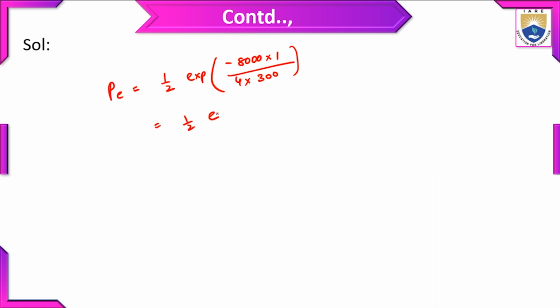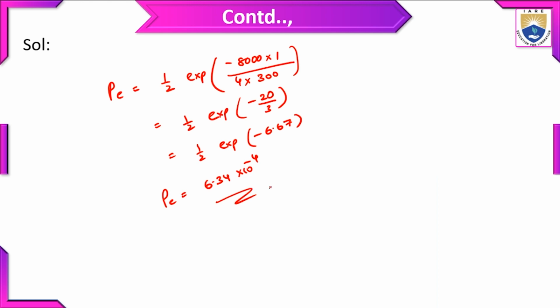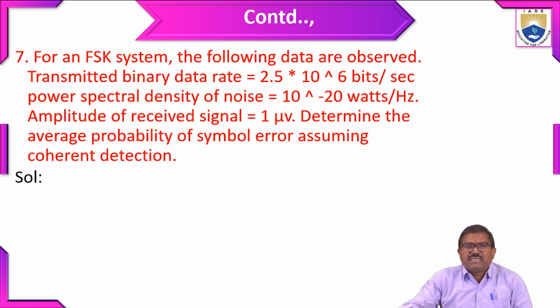So 1 by 2 exponential of minus 20 by 3. So we got to find this value. 1 by 2 exponential of minus 6.67. So finally the probability of error is equal to 6.34 into 10 power minus 4. Okay. So this is the answer for the sixth one.